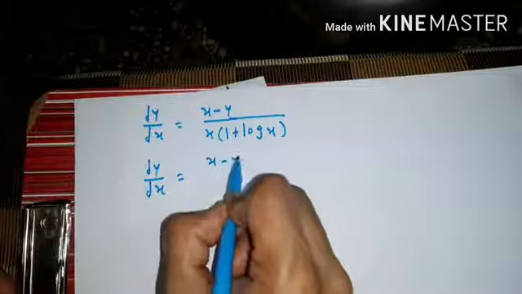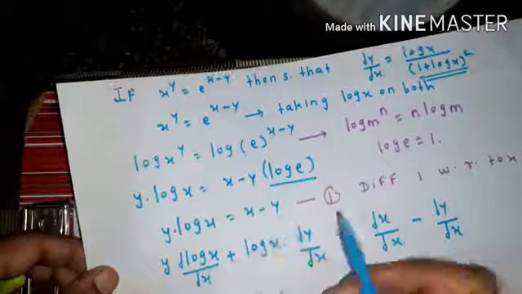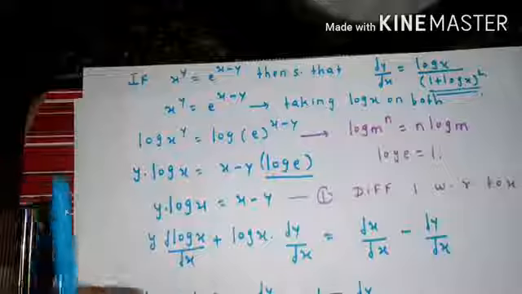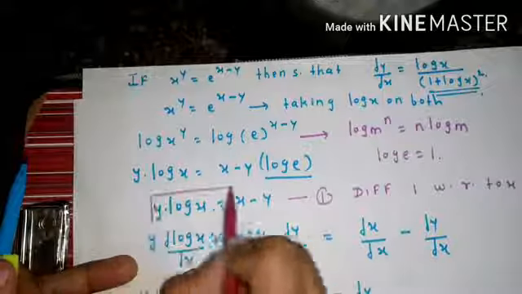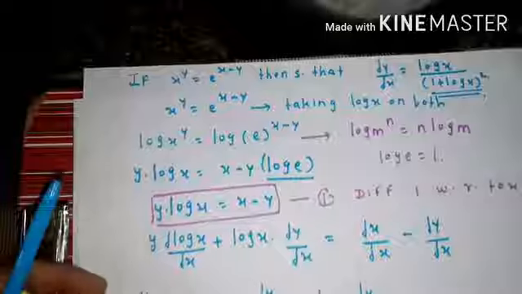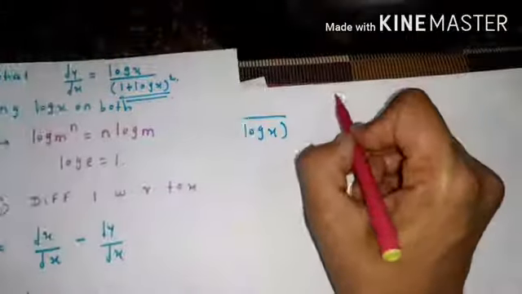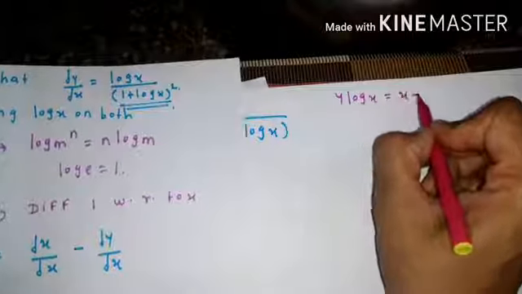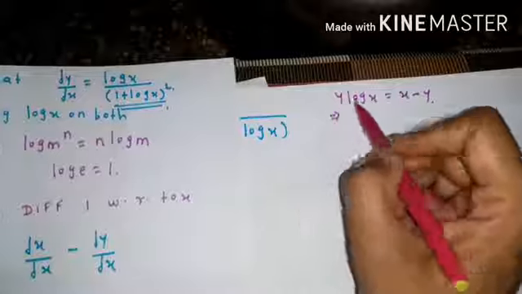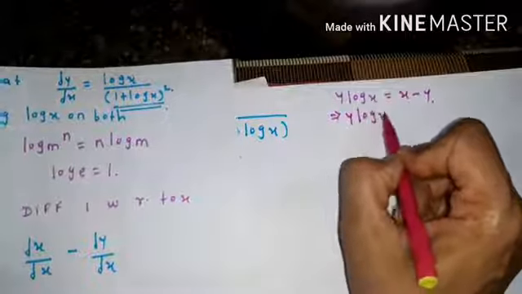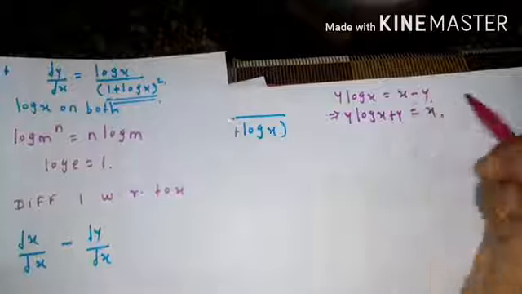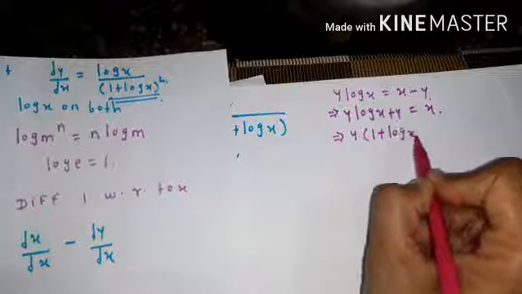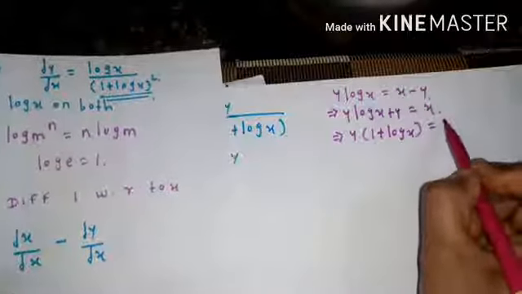This is your statement 1, that is y log of x equal to x minus y. From this statement, we can write y log of x plus y equal to x. Common out y, we get y into (1 plus log x) equal to x.